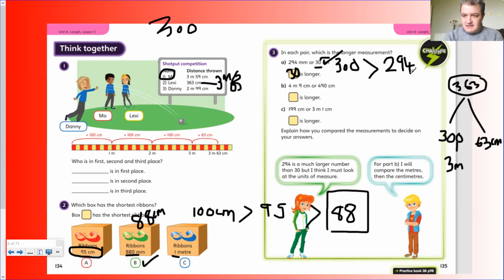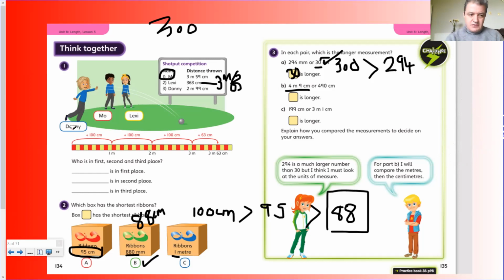4 meters 9 centimeters. Now let's convert this into meters and centimeters. I've got 490. We can do the part whole model again. Let's think.